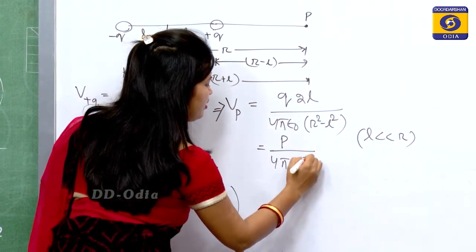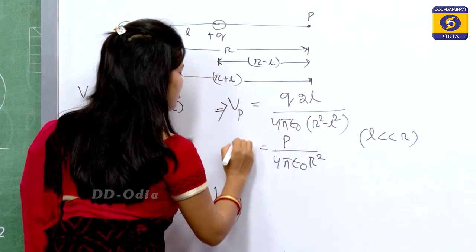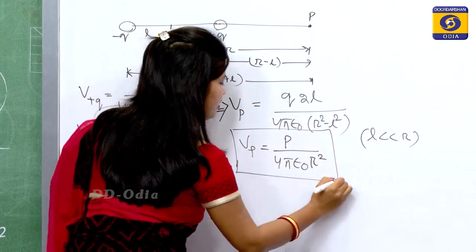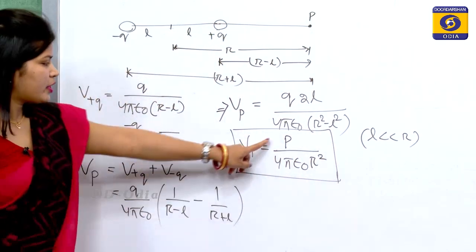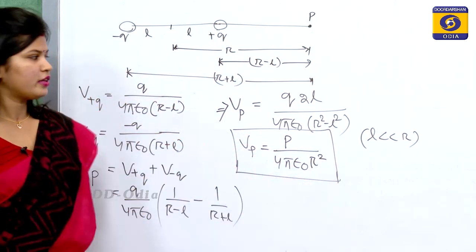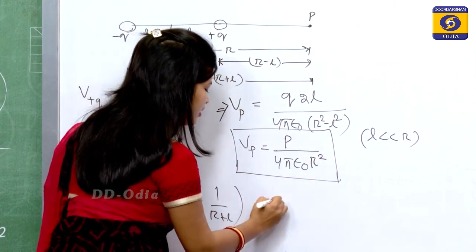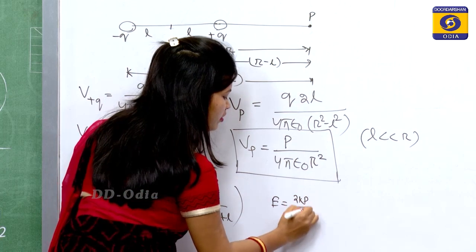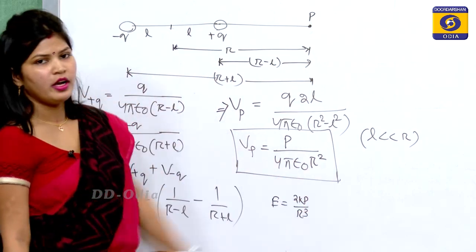So, I can write potential at point P on the axial line is K P upon r square, whereas the electric field is 2 K P by r cube, but potential is K P by r square.